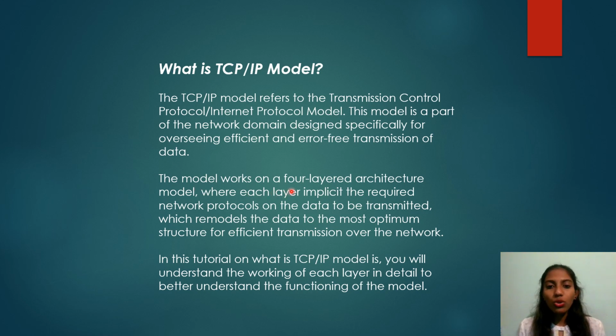The model works on a 4-layered architecture where each layer applies the required network protocols on the data to be transmitted, which remodels the data to the most optimum structure for efficient transmission over the network. In this tutorial on what the TCP/IP model is, you will understand the working of each layer in detail to better understand the functionality of the model.